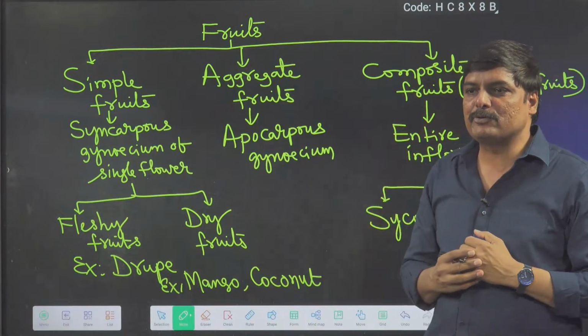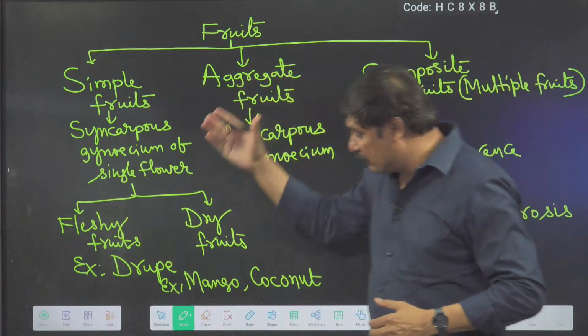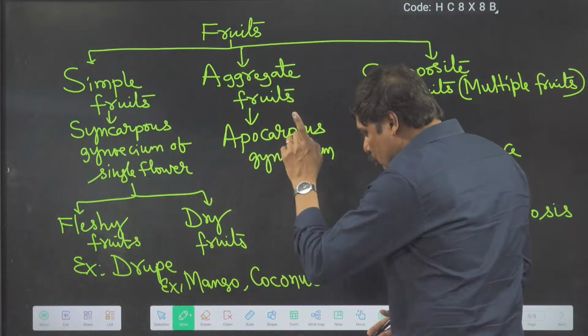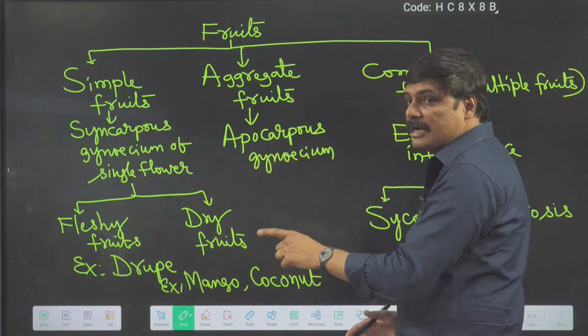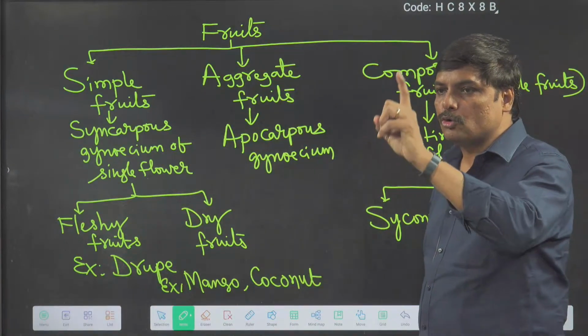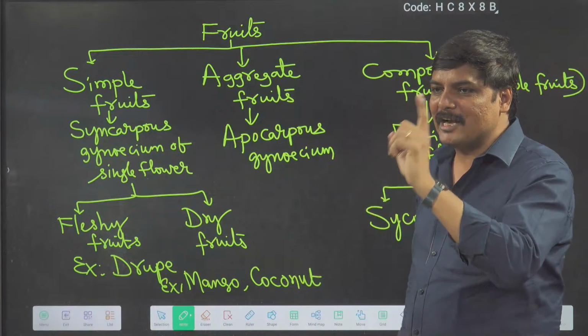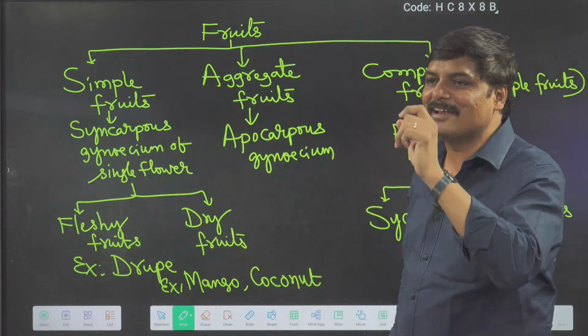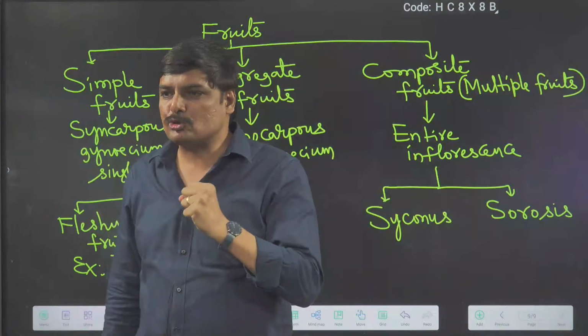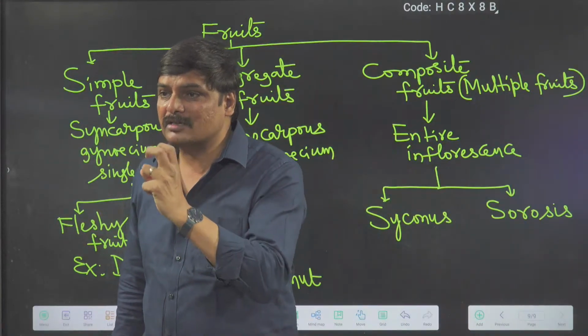Grapes are fleshy fruits. So these fleshy fruits, for example mango fruit and coconut fruit, technically come under drupes. Drupes are stone fruits because the endocarp is stony or hard.